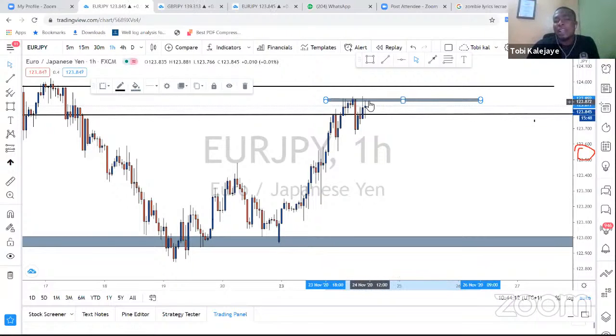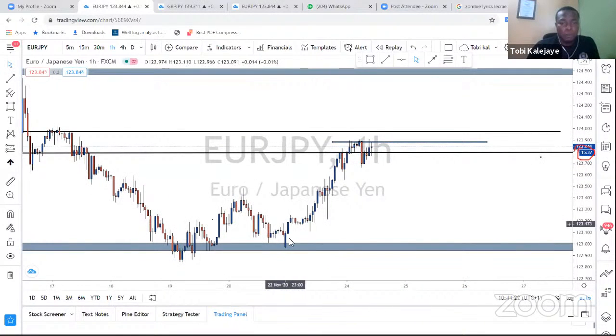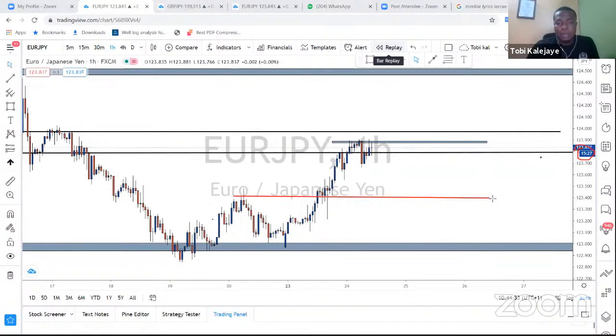If I take this trade and sell, and then price pushes through, this is where we're expecting price to get to for our take profit. I'm expecting that price will push through and get to this level. That's like the 40 pips movement.